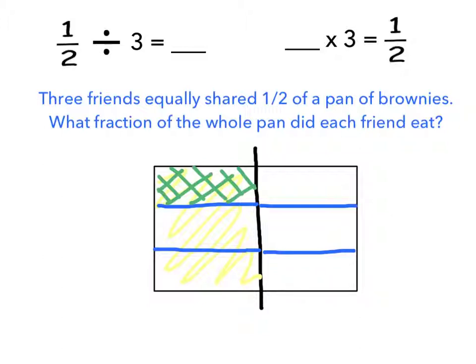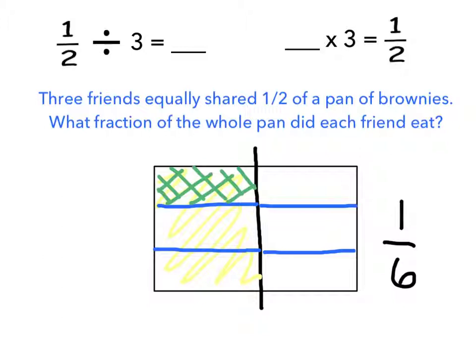So if I were to try to figure out what is this piece, well, I have 1, 2, 3, 4, 5, 6 equal sized pieces. And if I take one of those equal 6 pieces, that's the same thing as 1/6 of the whole pan.